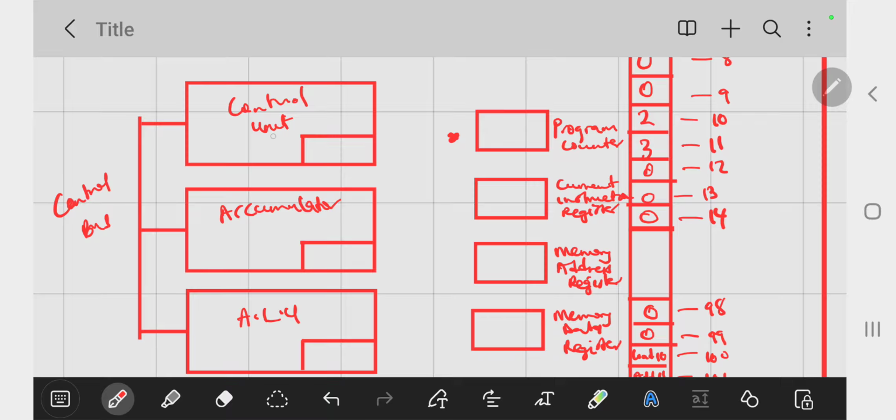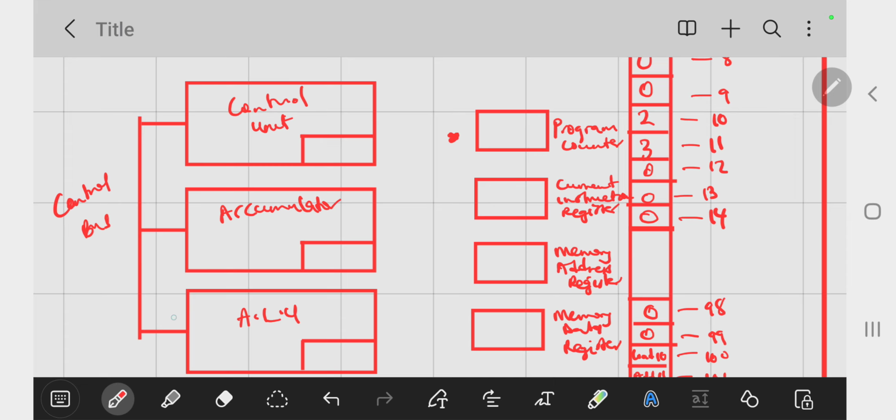Then on this side we have the control unit, the arithmetic logic unit, and the accumulator. In mainstream books, the accumulator is part of the arithmetic logic unit, as I think it's a component found inside it. But either way, we've decided to draw it outside so that you can see what's happening here.